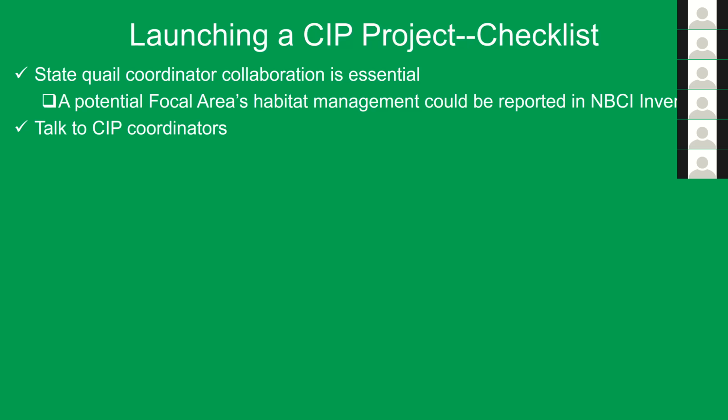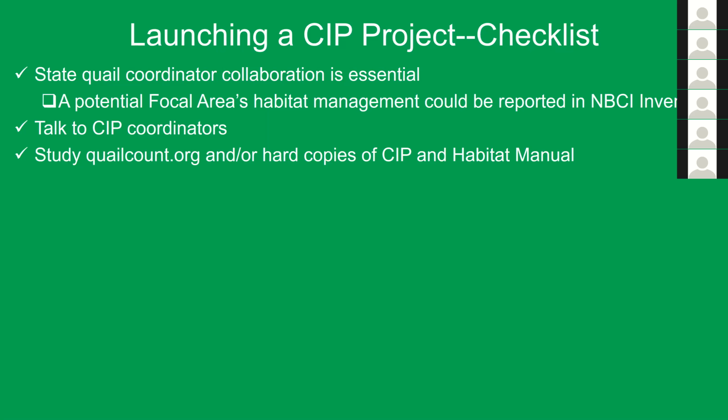Talk to other CIP coordinators. Those folks have experience, especially those pilot states. They've been doing this for almost 5 years now, and can share all the obstacles and positives for carrying this out. We do have hard copies now of the actual CIP version 1.1, which was published in 2016 and just printed this past summer.